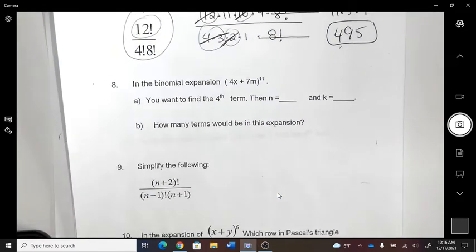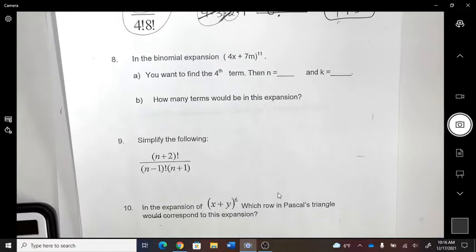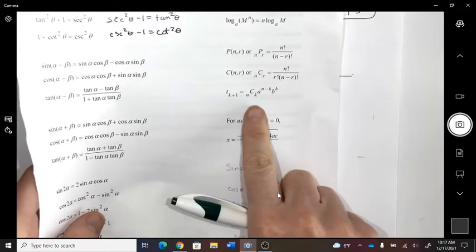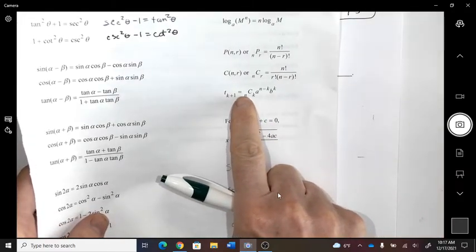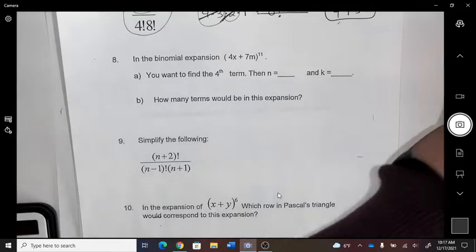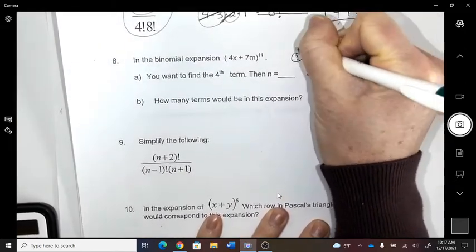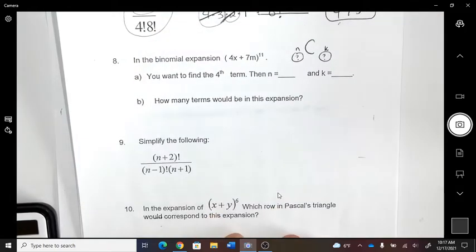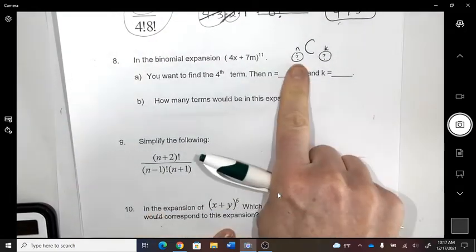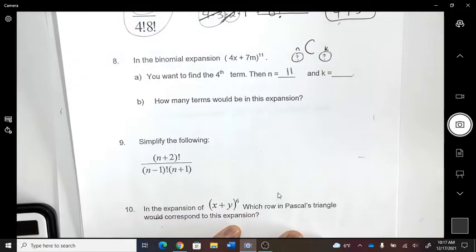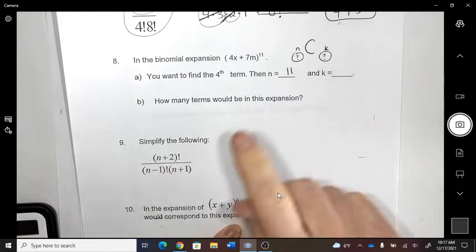Okay, in this binomial expansion, you want to find the 4th term. So then n is, so what do we put here and what do we put here? What would we put here? 11, because that's the exponent.